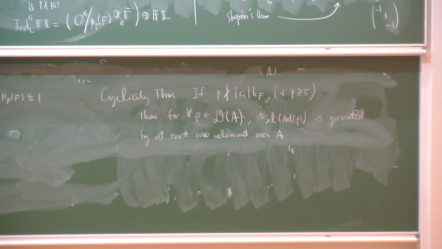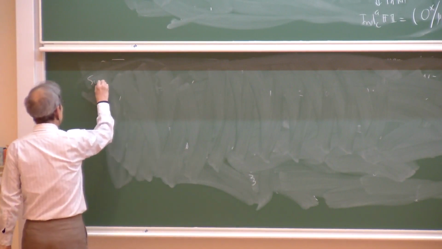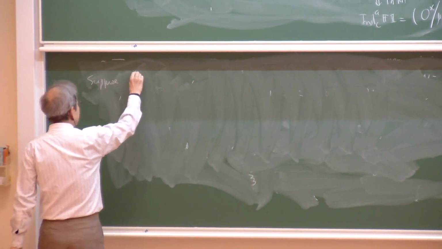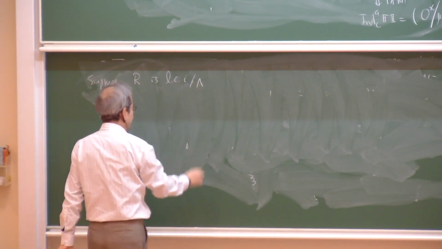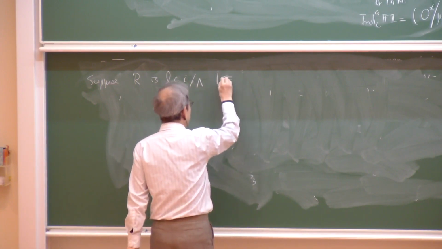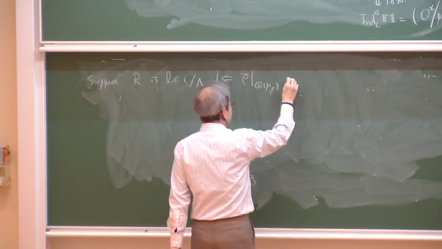Okay, so now suppose that this R is a local complete intersection over lambda. So this follows under Weil's condition that rho bar restricted to Q mu p is irreducible.